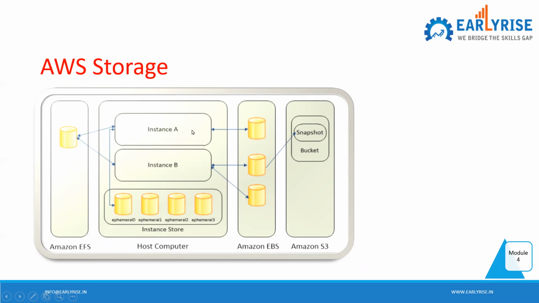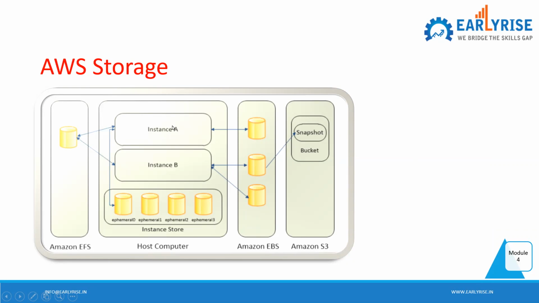So for whatever instance, EFS has independent existence here, EBS is independent here, S3 is independent here, but this ephemeral storage is within that host, on the host computer itself. It's not separate. The instance running on that particular host can access the hard disk attached to the local physical machine. So that is ephemeral.